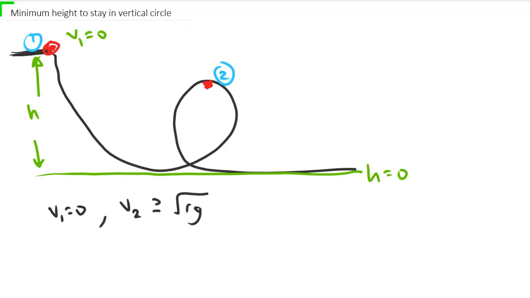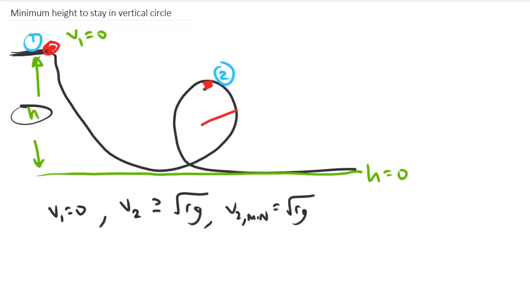The question is, what's the minimum height h to make it through the loop here? So I'll calculate for the minimum speed. And so v2 minimum is just going to be equal to the square root of RG, where R is the radius of this loop.